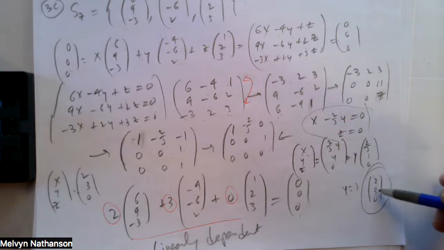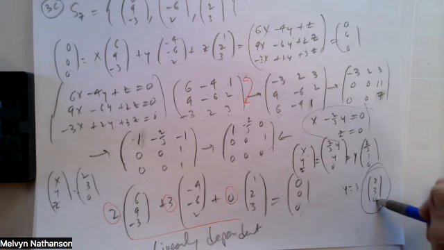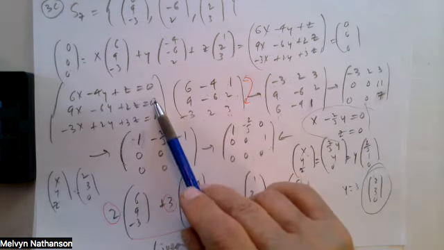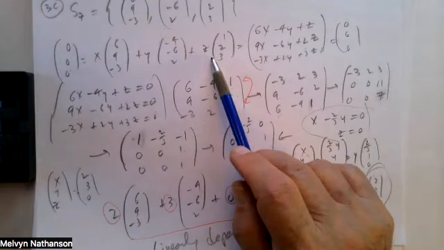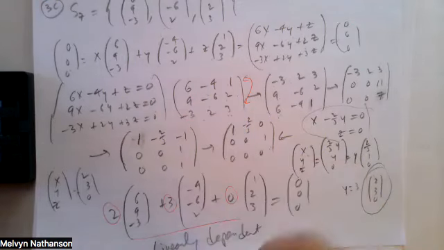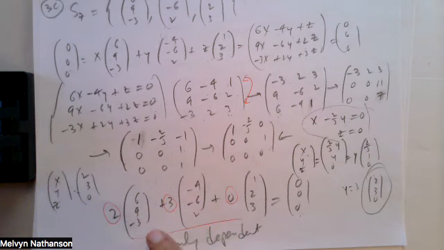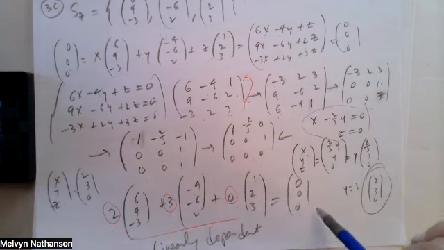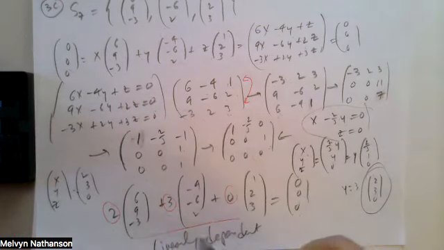So if x is 2, y is 3, z is 0, I have a solution of these equations, which means a solution of this vector equation. So I'm not skipping any steps. I found that 2, 3, 0 produce the 0 vector. And that says that these vectors are linearly dependent.